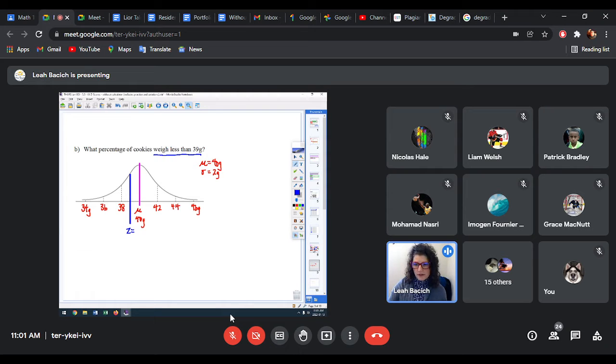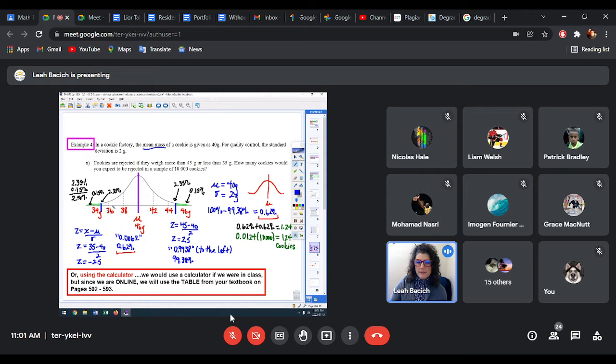Now, one little thing I wanted to point out here. This is -1 standard deviation. This was -2 standard deviations, and this is -3. This is between -3 standard deviations and -2. This is +1 standard deviation. This is +2, and this is +3.